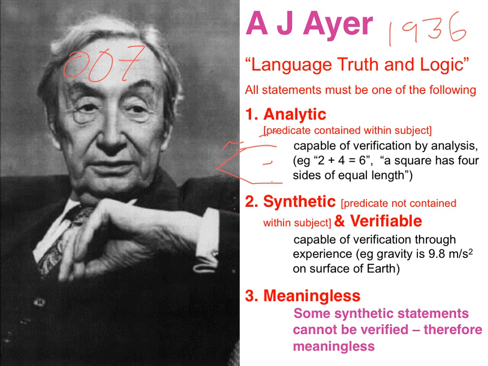And there are examples of analytic statements. They're all mathematics, all logical statements, all verifiable through reason alone, all through a simple analysis of the items contained within the statement.